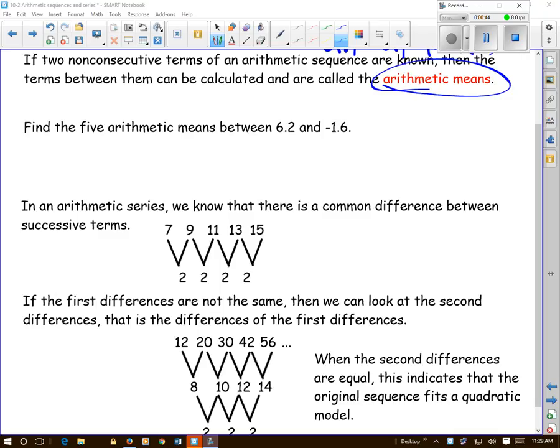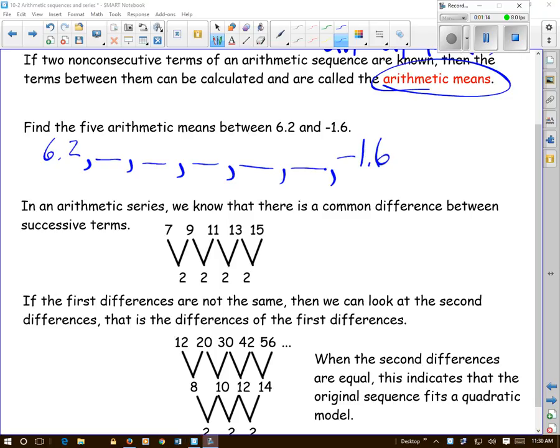So if we want to find the 5 arithmetic means between 6.2 and negative 1.6, let's just draw a picture of our general idea. Starting at 6.2, then we have 5 unknown numbers, and then we have negative 1.6.